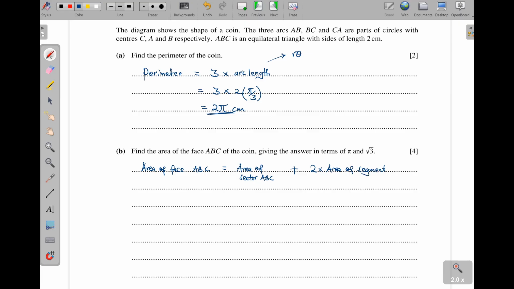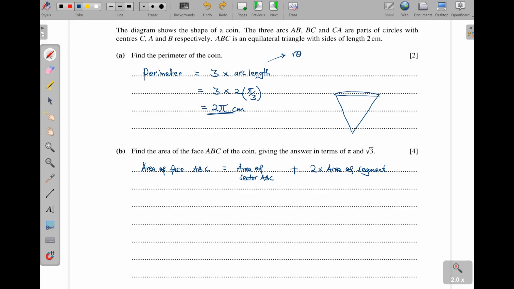Okay, and area of the segment is area of the sector minus area of the triangle. Okay, if I have a sector here, then this one here is the segment. So you get area of the sector, then subtract area of the triangle.